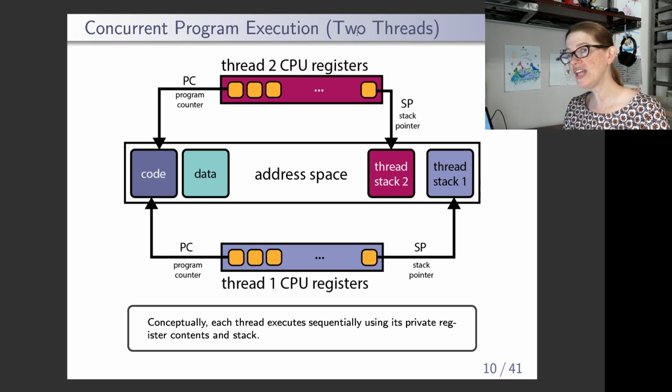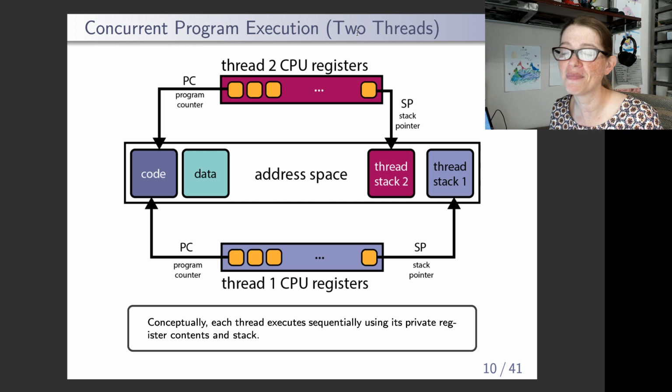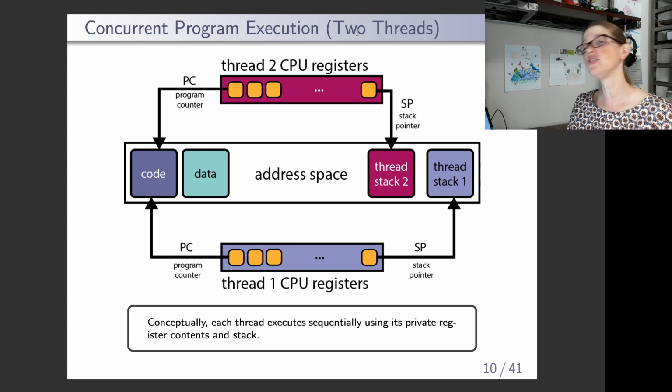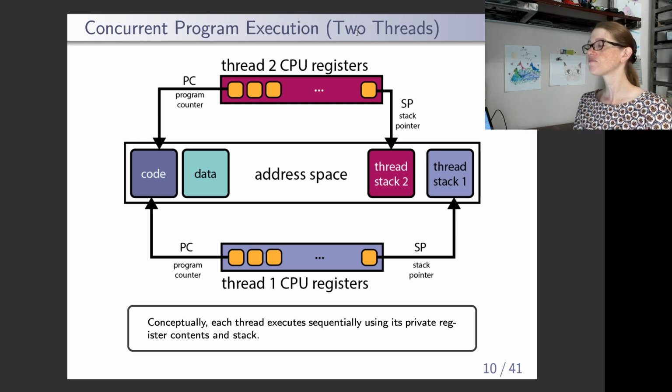So the CPU only has one set of registers, but only one thread can run at a time. Any other thread is going to store its register values on its stack until it's its turn to run, and then we will restore the register values to the actual CPU at that time. So threads have their own stacks where they keep their own local variables and their own register values when they're not actually running.